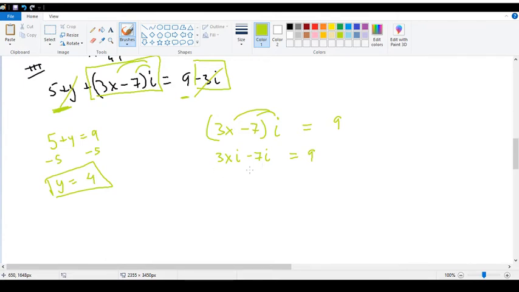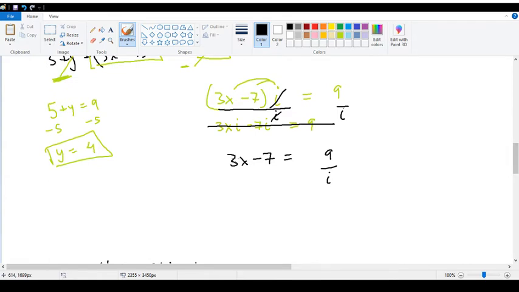And doing it this way, it's not going to help me find the value of x. So instead of doing this, I'm going to not distribute the i. Instead, since I know this is multiplication, I'm going to divide by the i on both sides, and that will get rid of this i here. So I end up with 3x minus 7 equals 9 over i.